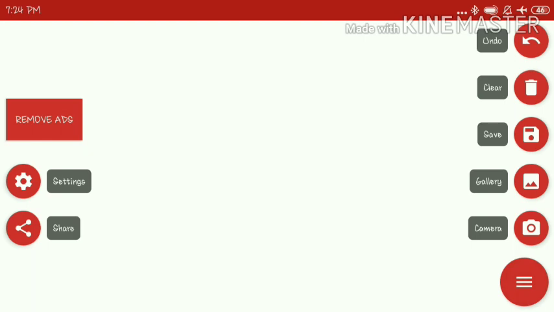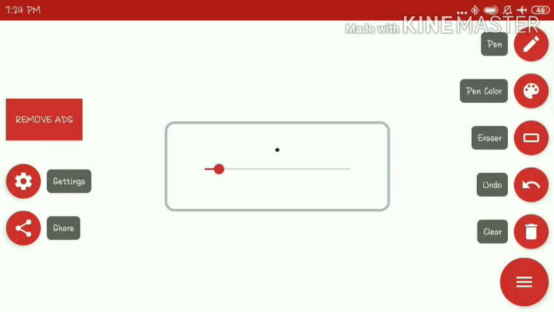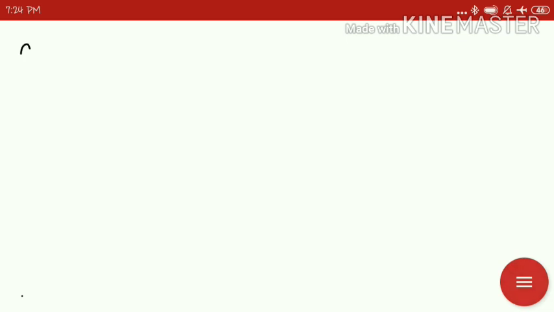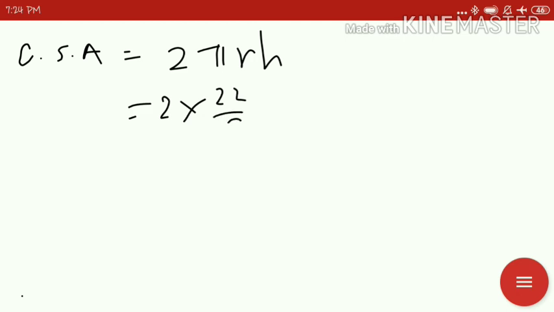So first we are going to find the curved surface area. What is the formula of curved surface area? I am writing it in short, CSA, that is 2 pi r h, 22 by 7 for pi, and for the radius we already found 0.7 by 2. I have not converted it into 0.35.